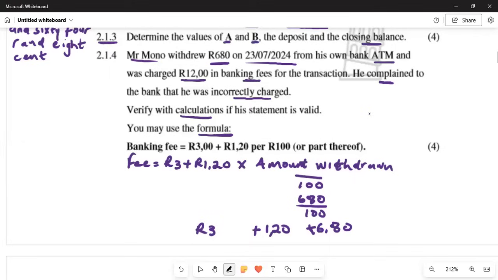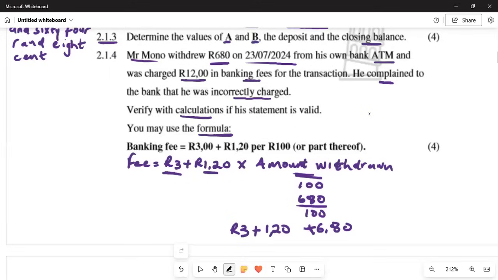So plus the 3 Rand that is here, the 3 Rand from the formula, and 1 Rand 20, and then we have worked out the amount withdrawn, 6 Rand 80.